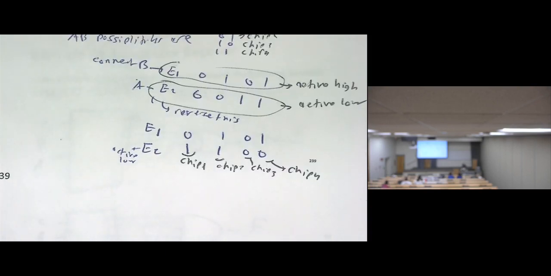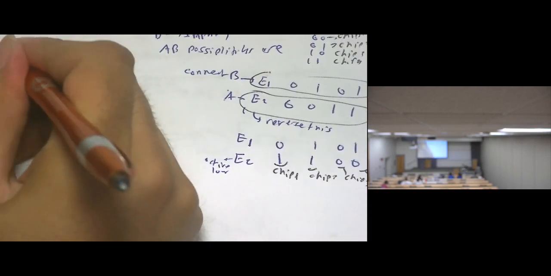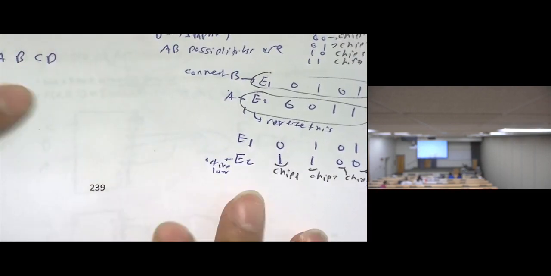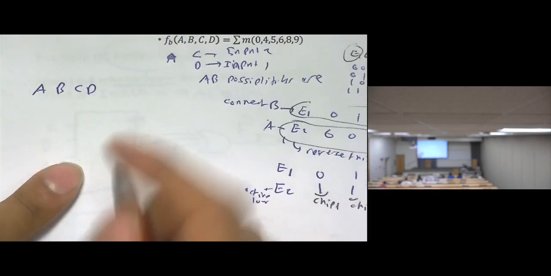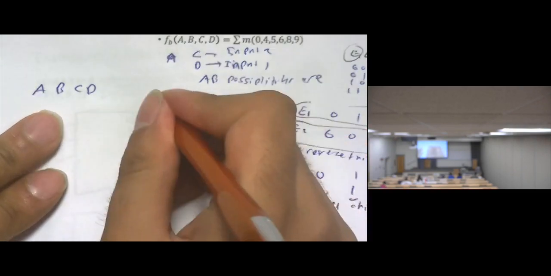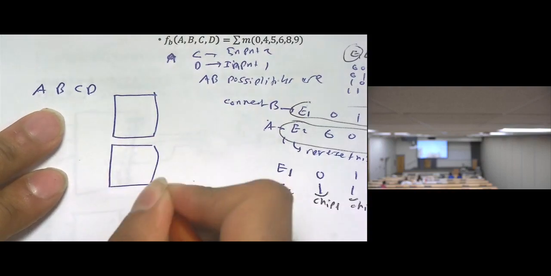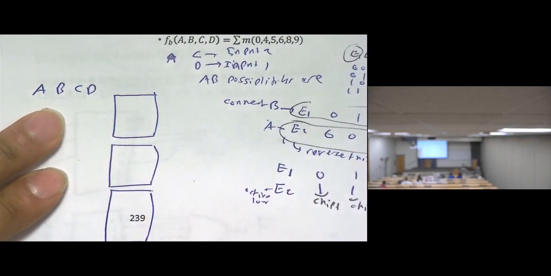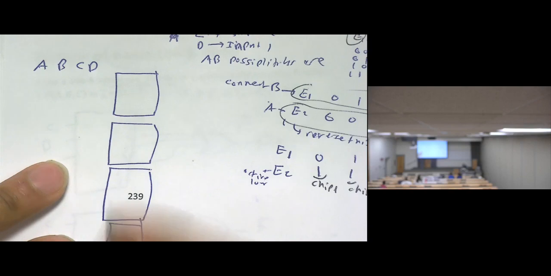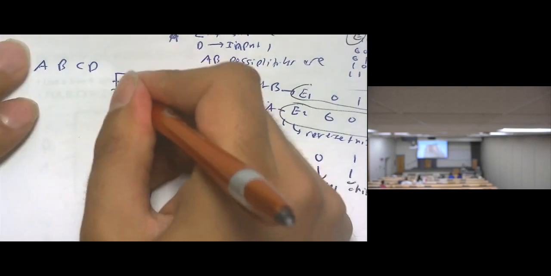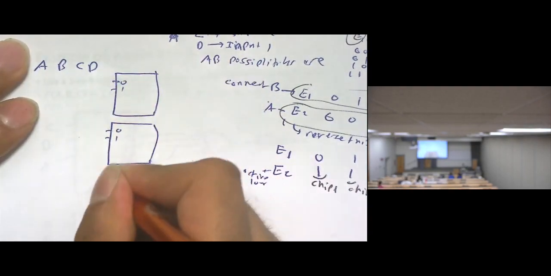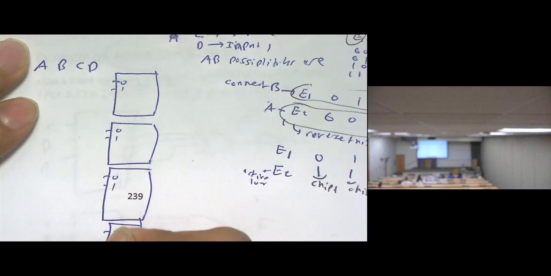Now, how can I implement this? I'm going to first write here A, B, C, D. Now I'm going to draw the chips: chip 1, chip 2, 3, 4. Here I have two inputs, 0, 1, 0, 1, 0, 1, 0, 1.